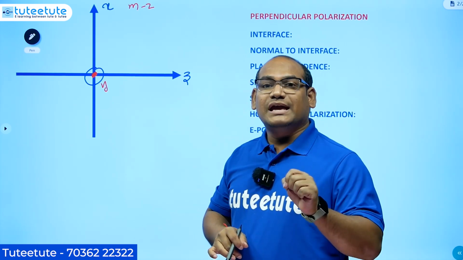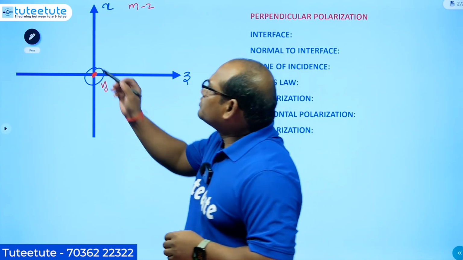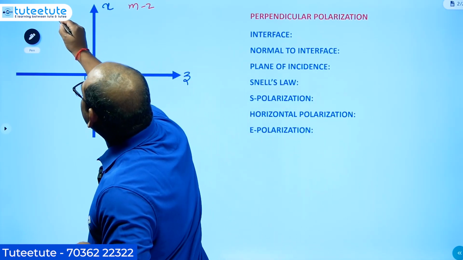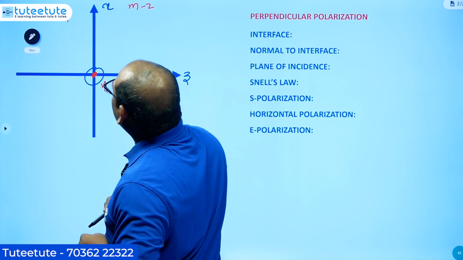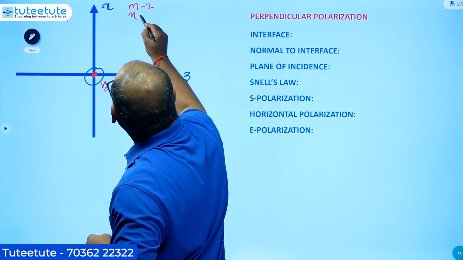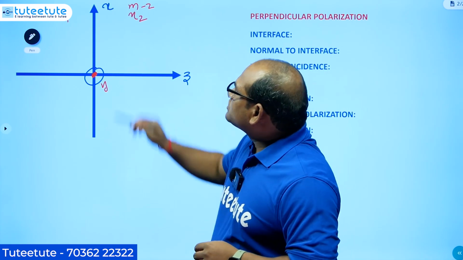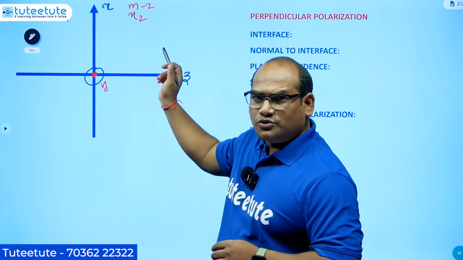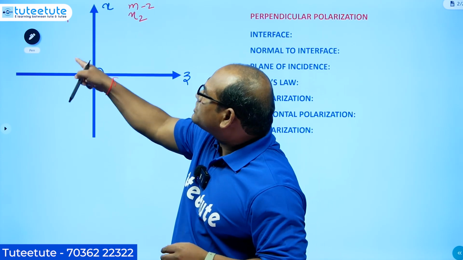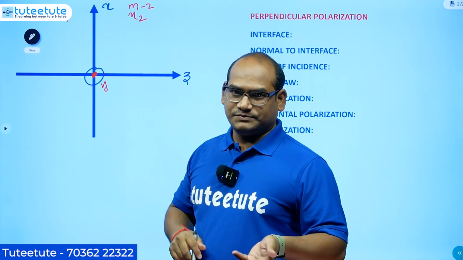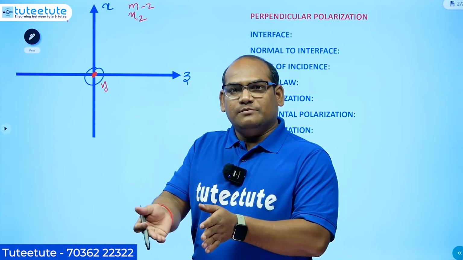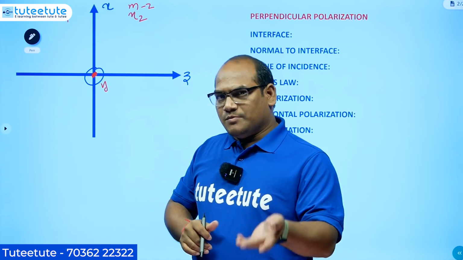By using their impedances. Medium 1 has the impedance eta 1, and medium 2 has the impedance eta 2. Since these two are different, these are two different media. For the same medium, we will have the same impedance.